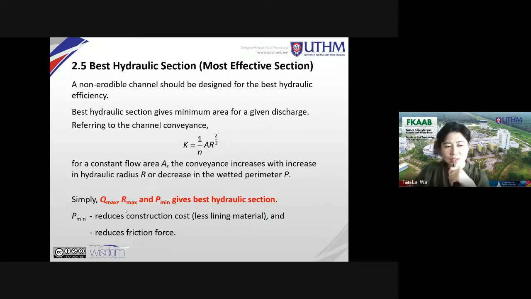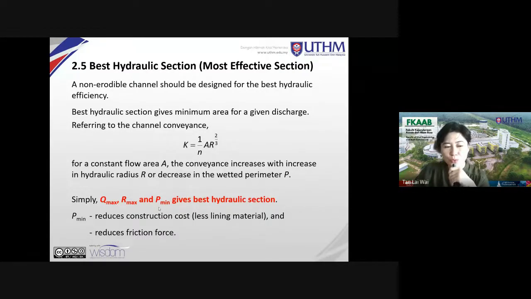So that's why we say what will give you the best hydraulic section is when your Q is maximum, since R maximum and P minimum will give you Q maximum.